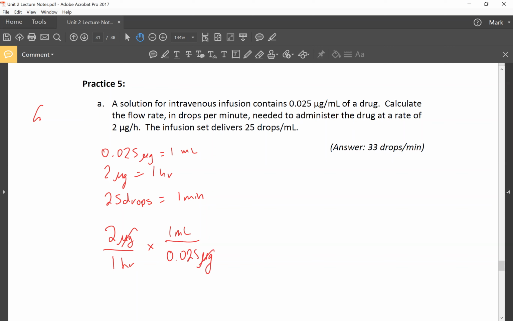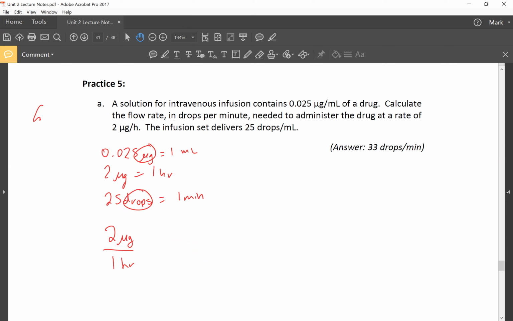We're working our way through this. We're trying to get, at the end, drops per minute. So we're trying to convert micrograms to drops and hours to minutes. Converting the micrograms to drops is pretty easy. I want to convert micrograms into drops.